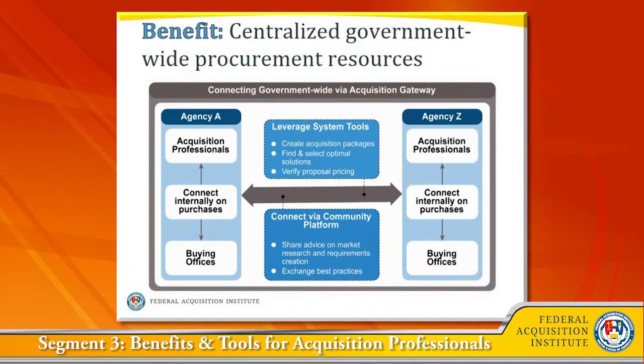Core tenets of category management are data analytics and information sharing. Visibility into prices paid data, best practices in building or managing solutions and policies, and other key information are needed to locate, acquire, and manage the best sources of supply efficiently, effectively, saving taxpayer dollars. The Acquisition Gateway is a central repository for all of your tools and resources.